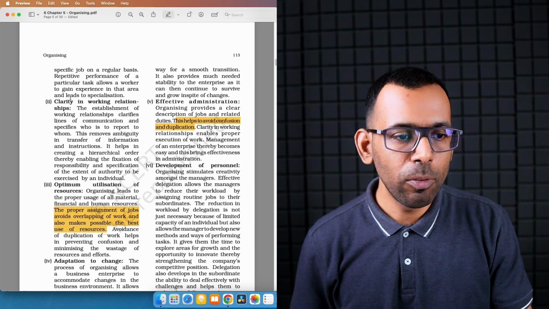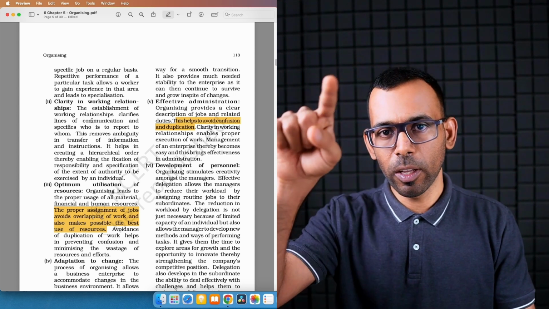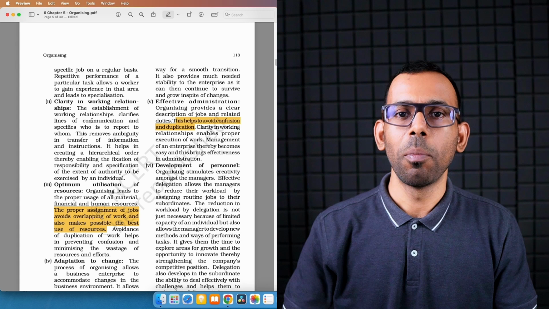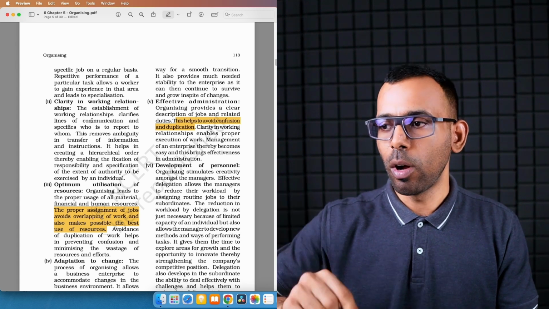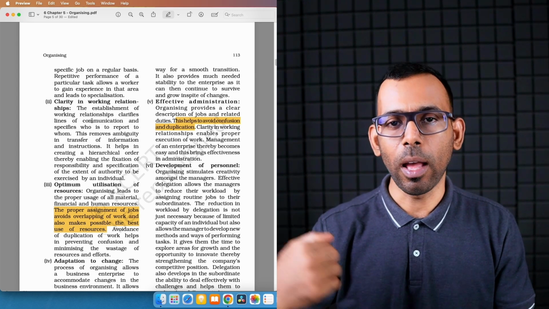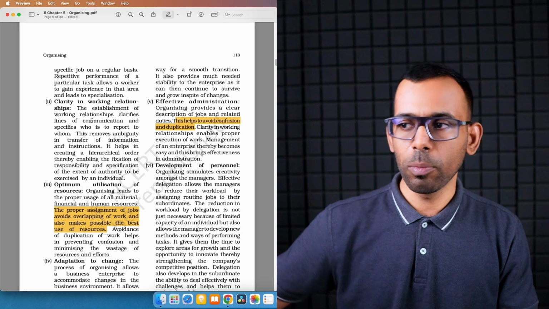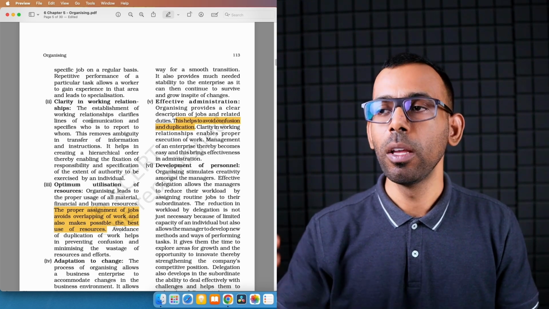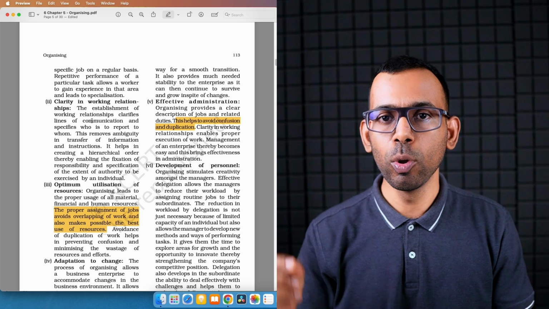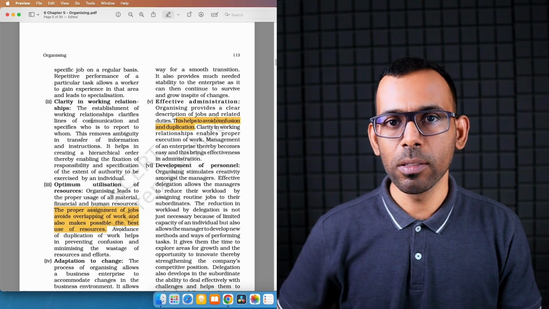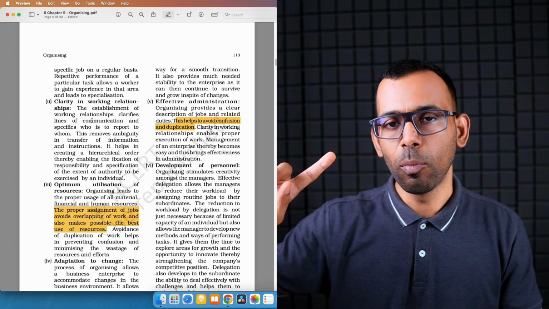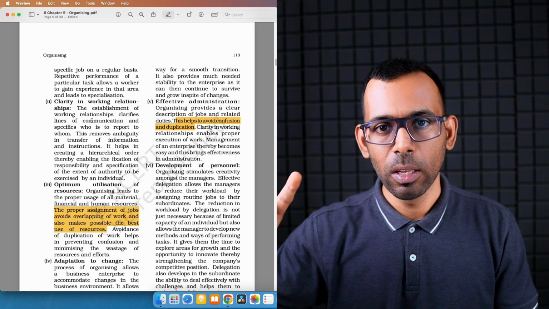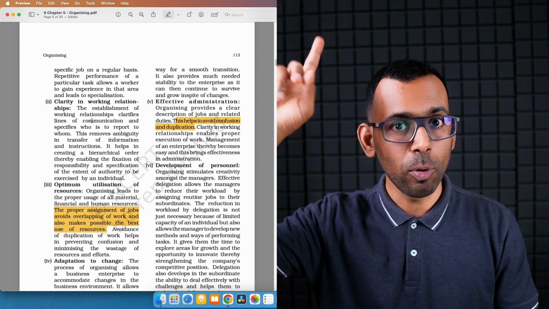And also, clarity in working relationship is that because of the hierarchical structure, my boss will exactly know what he should give me as orders, and I should exactly know what I should be giving my juniors as orders. Because of the predefined relationship, we have a clear idea of who should report to whom. My juniors will most likely not directly approach my boss, and I will not directly approach the general manager.